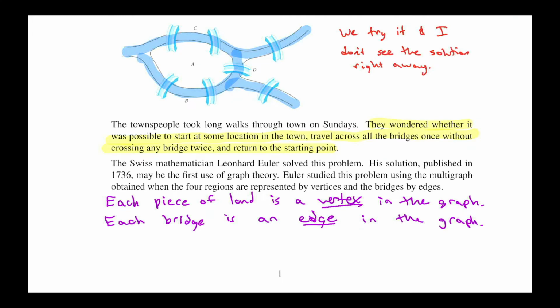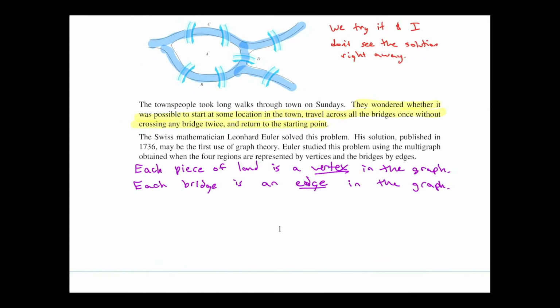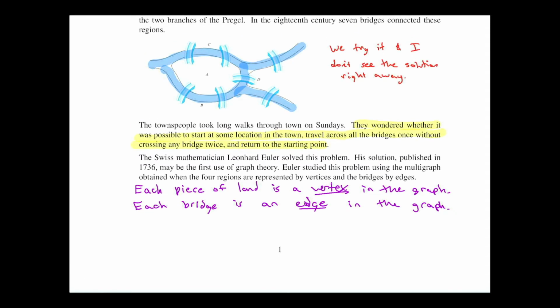And so if you know that, and we try to draw this as a graph, you see how these pieces of land are lettered. Each one of them is lettered, and so you have A, B, C, D. So four of them, right?